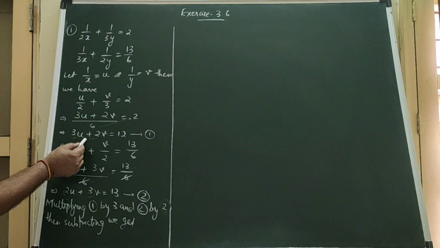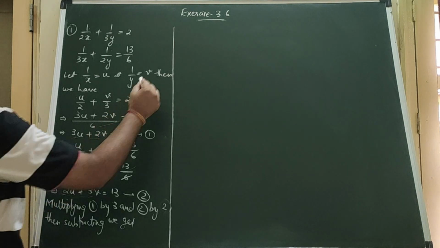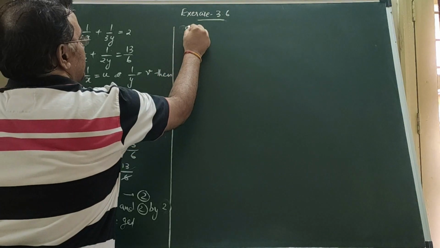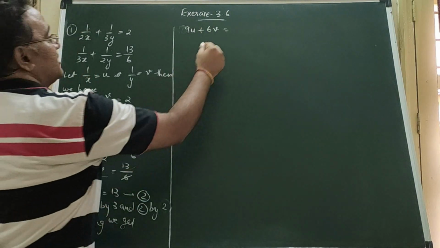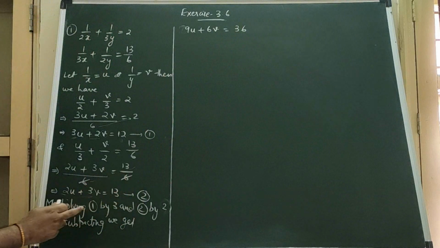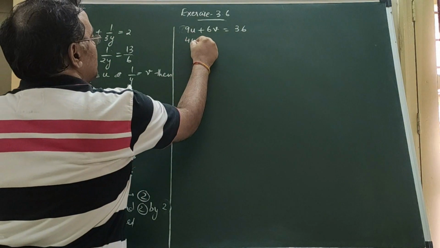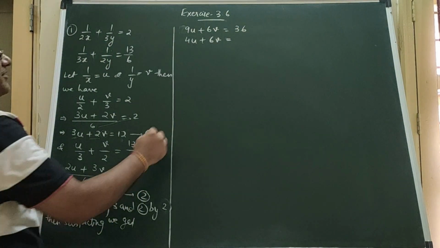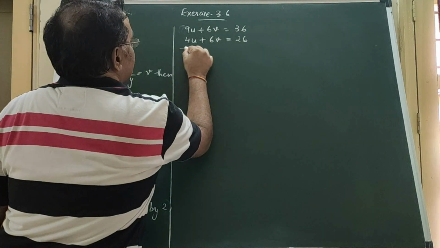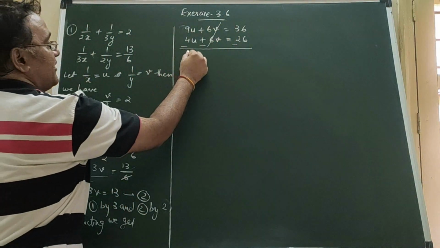So now equation 1, इसको 3 से इंटू कर रहे हैं, so this will become 9u plus 6v is equal to 12 into 3 is 36, right? And इसको हम लोग 2 से इंटू कर रहे हैं, so this will become 4u plus 6v is equal to 26. Now we are subtracting, तो साइन चेंज होगा सेकंड इक्वेशन के, तो ये कैंसिल हो गया.